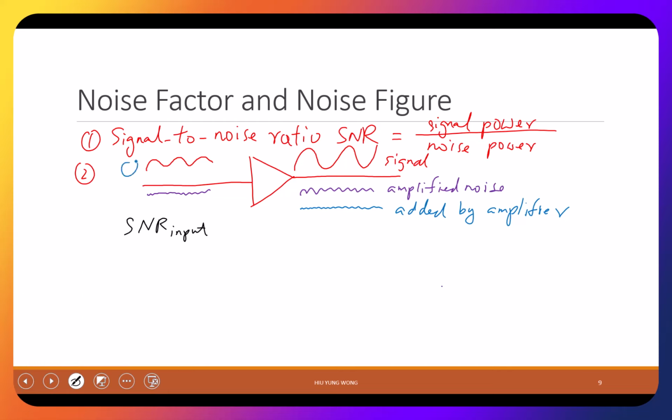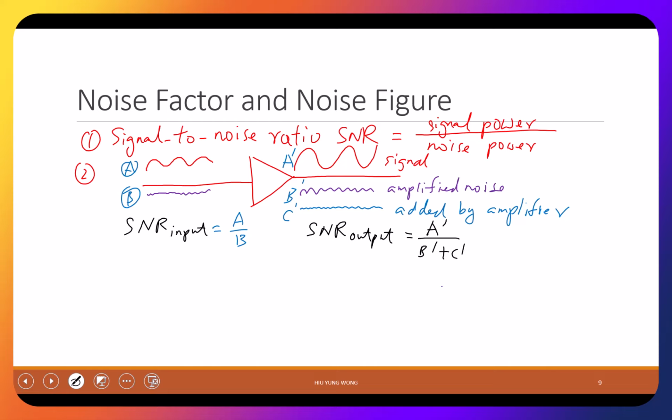Let's say this is A, this is B. This signal to noise ratio is A divided by B. When I go to the output, I have a larger signal A dash, a larger amplified noise B dash, but I also have an extra C dash. And now the signal to noise ratio at the output equals A dash divided by B dash plus C dash.